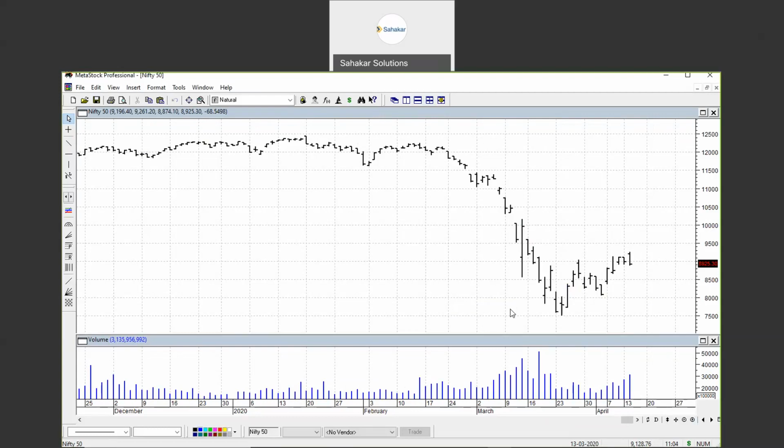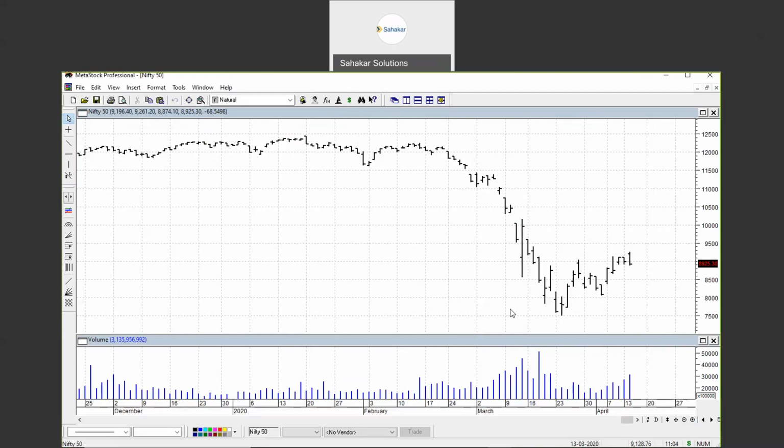This bar chart will take into consideration all the price fields of the script traded, open, high, low, close for the day. And again at the bottom of the window, volume is placed. So this is the second important one.